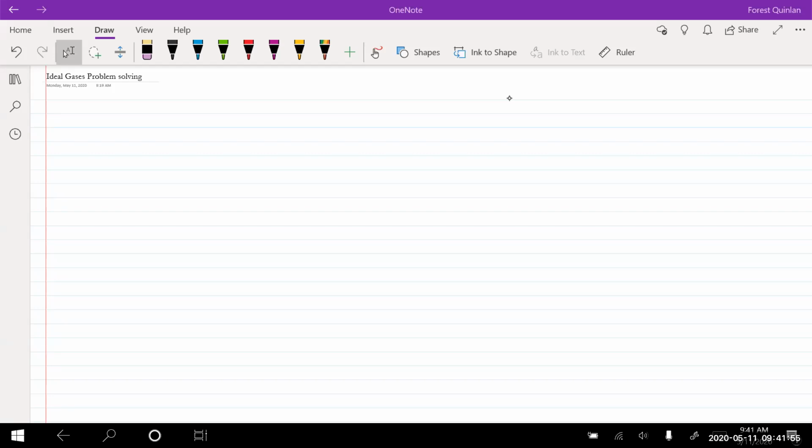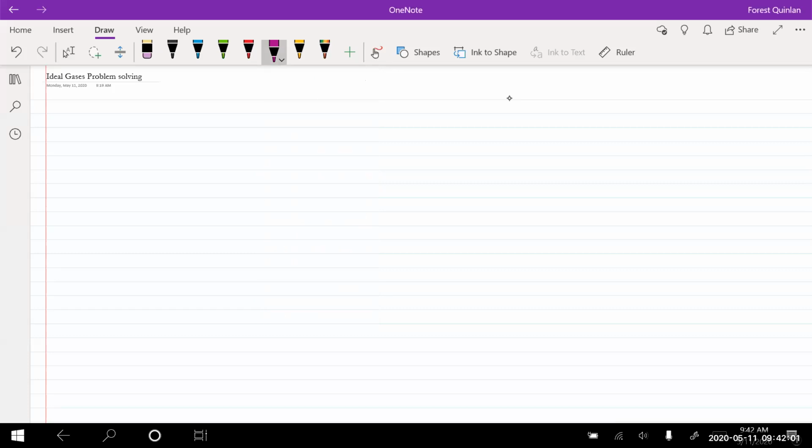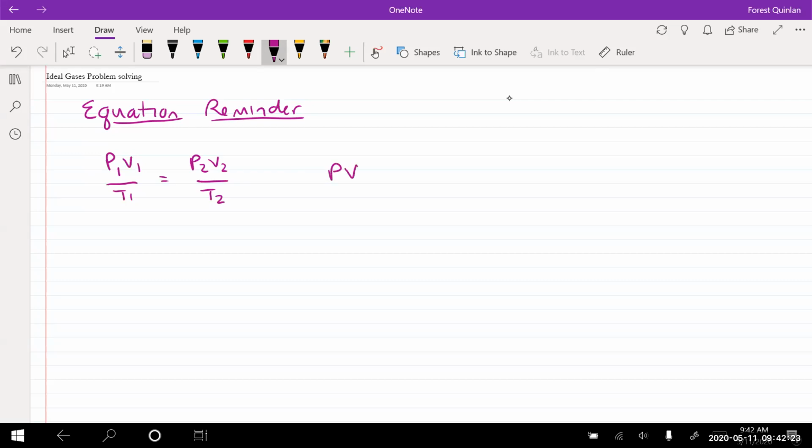Remember, I'm going to go ahead and remind us of the equations that we have. So we'll do an equation reminder here. We're going to be looking at using P1V1 over T1 equals P2V2 over T2. We'll later use PV equals nRT.